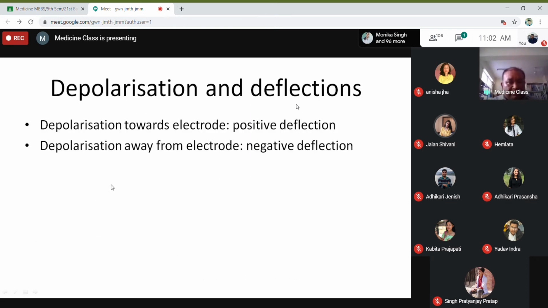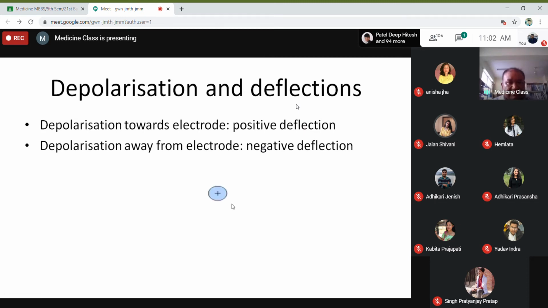Now, why I was emphasizing depolarization and repolarization is that whenever there is a depolarization and you record it with an electrode, if the depolarization is towards the electrode, there will be a positive deflection. And when the depolarization is away from the electrode, there will be a negative deflection.